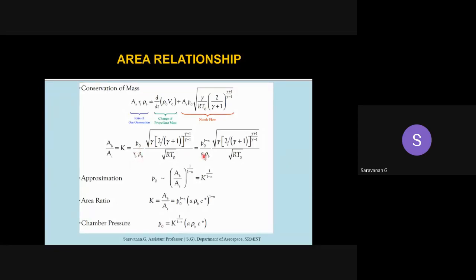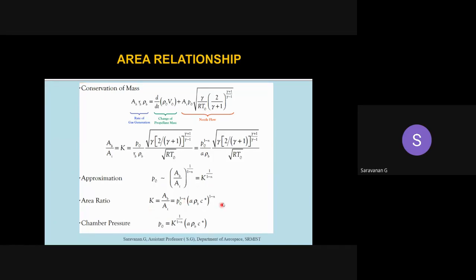Substituting r = a P_c^n, a will be here as is, P_c to the power n; here you have n, here you have 1, so it will be 1 minus n, giving the power 1/(1−n). Whether you use P_0 or P_c, both are the same. Using all these, you get one equation, so go for the approximation: P_0 is approximately equal to (A_b/A_t)^(1/n), which is also equal to K^(1/(1−n)).